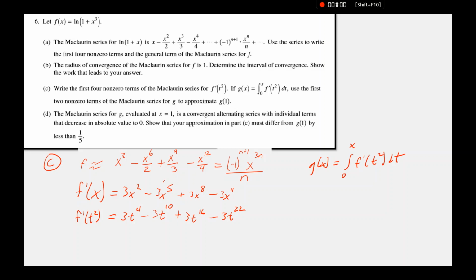So 3t fifth power over 5 minus 3t 11th power over 11 plus 3t 17th over 17 and minus 3t 23rd over 23.